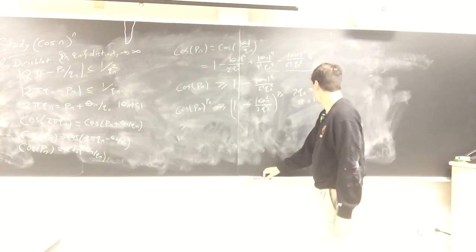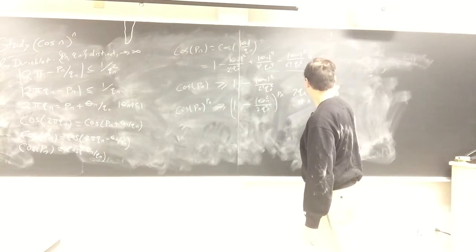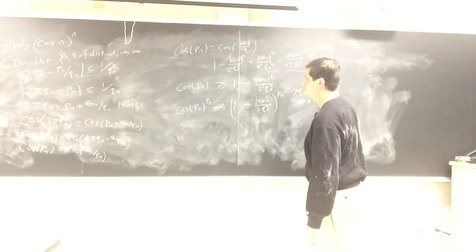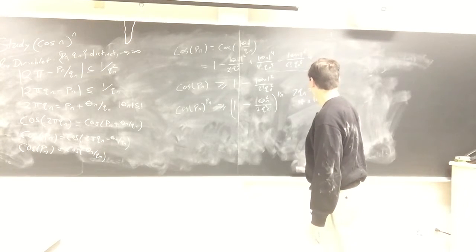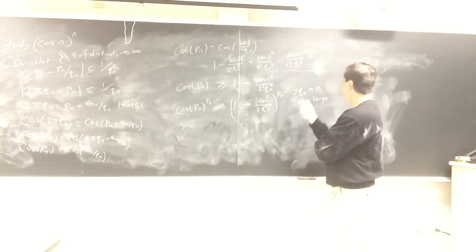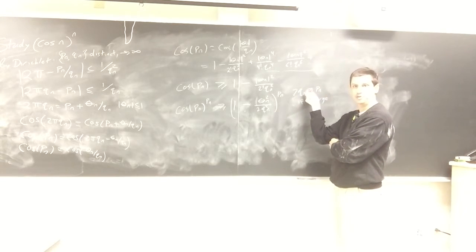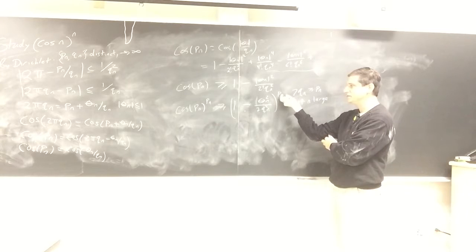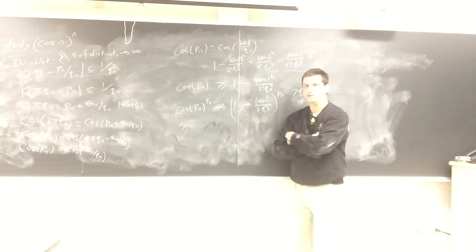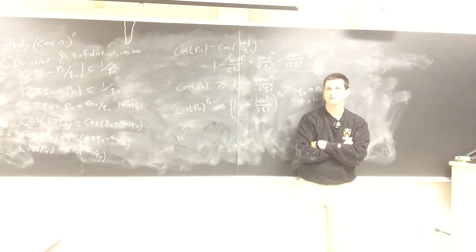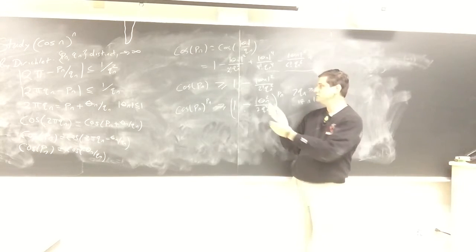No, I'm sorry. Pn over Qn is at most 7. Yeah, okay. So 7Qn is greater than or equal to Pn. If I replace Pn with 7Qn, what do I do to this side? Do I make it larger or smaller? I make it smaller. I'm raising it to a higher power.